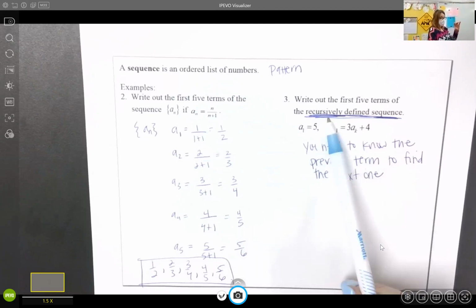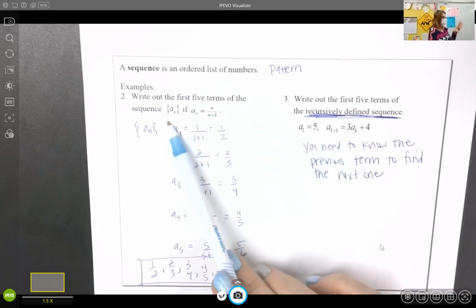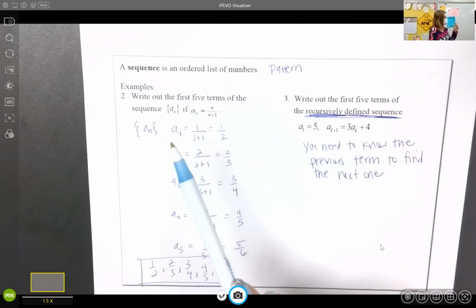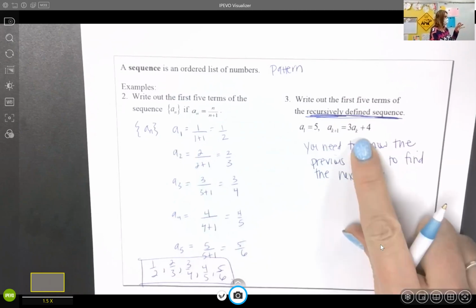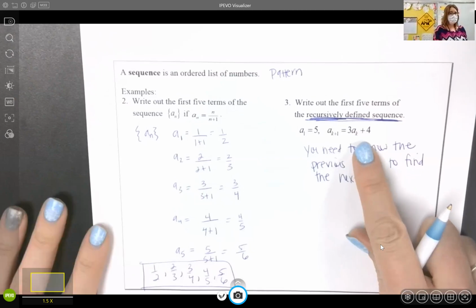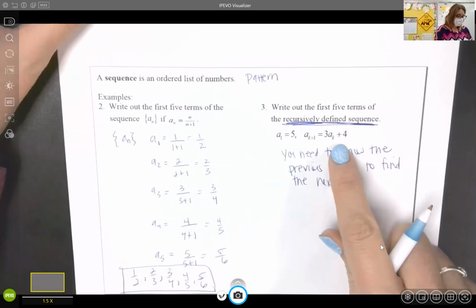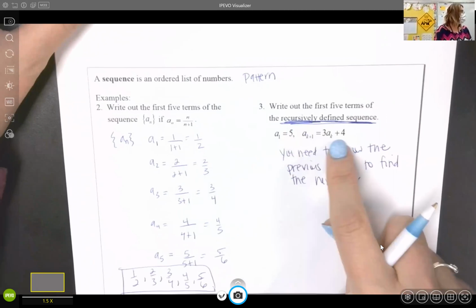That's what a recursive formula means. A general formula, or just the standard form, that will work for any term, right? So I'm plugging in whatever I'm solving for instead of doing something to the previous term. Recursively means that you're looking for the previous term and then you're going to do math to that.